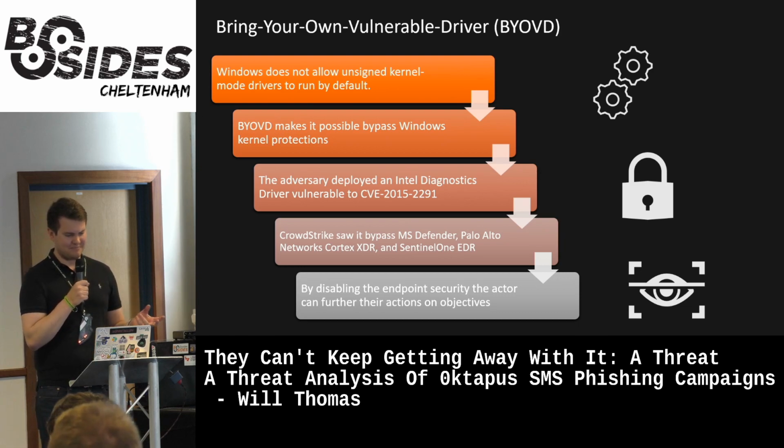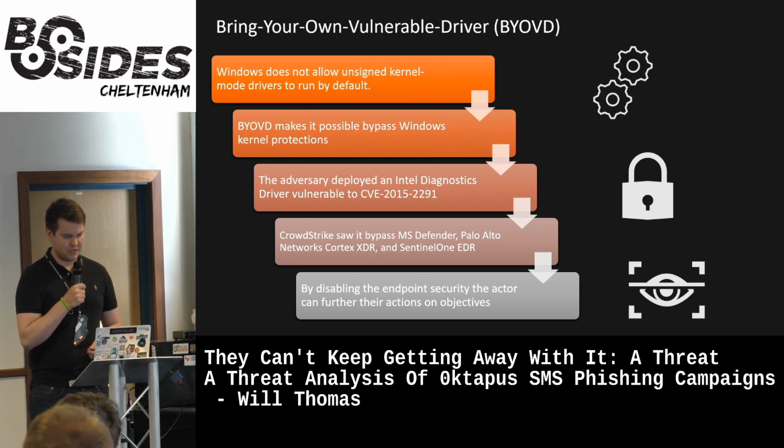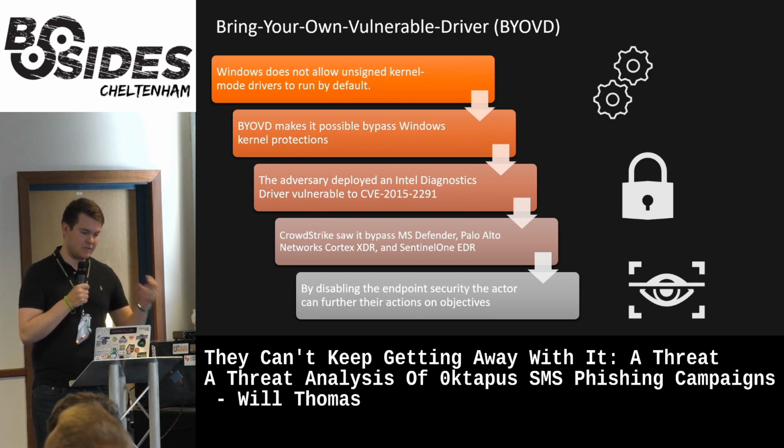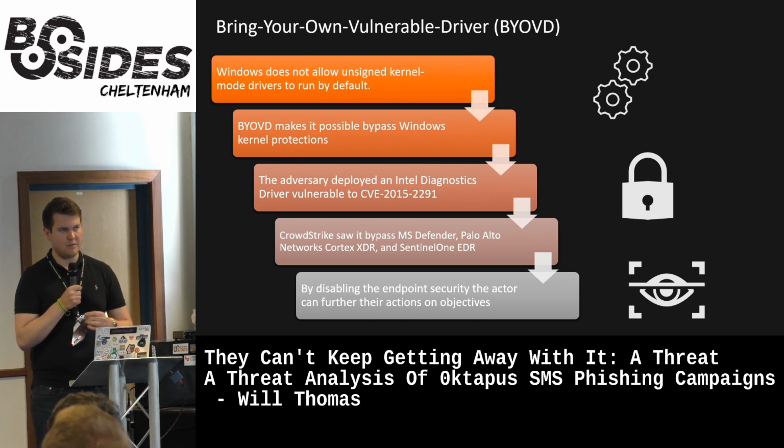So once they've done that, it's possible to turn off Windows kernel protections. They basically bring a vulnerable driver, developed by Intel or something like that, that has a vulnerability already in it. So when they deploy it, they can then exploit it. And because it's a valid driver, your detection systems aren't going to flag it as malicious by default.